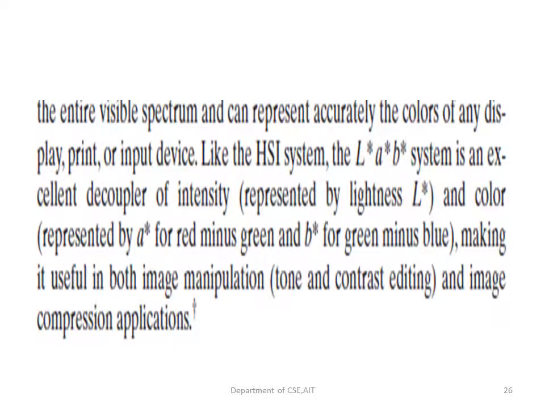Like the HSI system, the LAB system is an excellent decoupler of intensity. That means it is represented by the lightness L star and the color represented by a star for red minus green and b star for green minus blue, making it useful in both image manipulation and image compression applications.